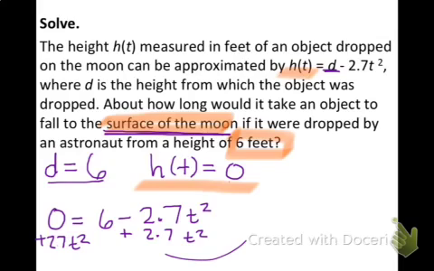When I do that, I'll bring it over here. When I do that, I get 2.7 t squared is equal to 6. Then I have to divide both sides by 2.7.